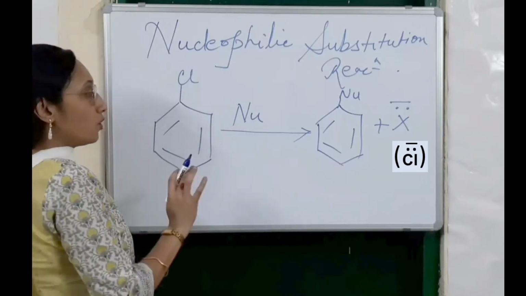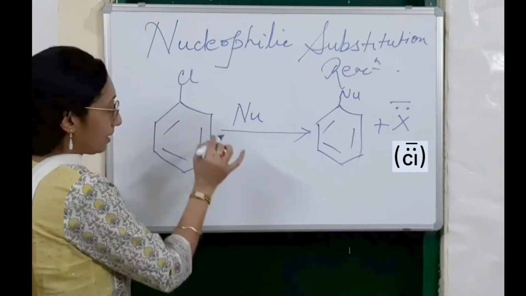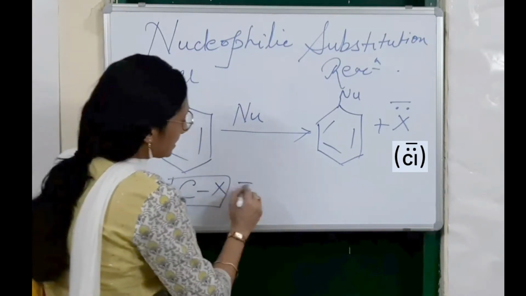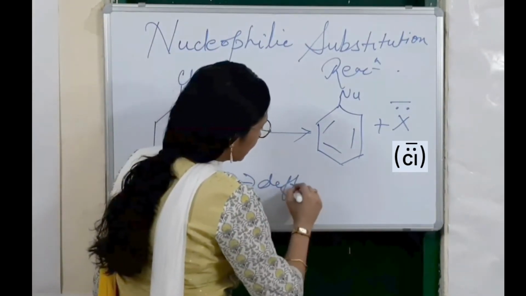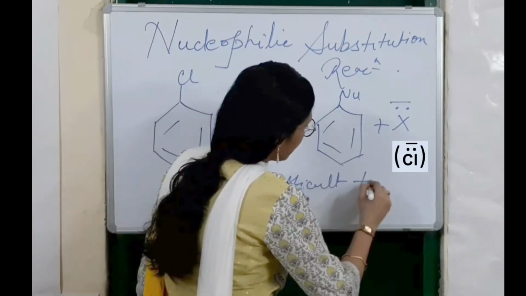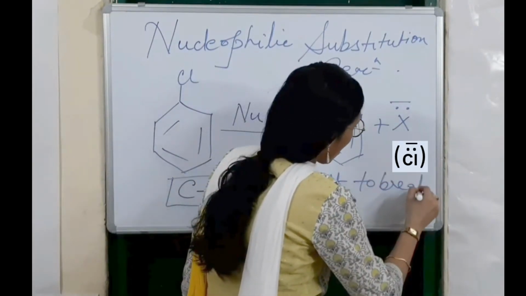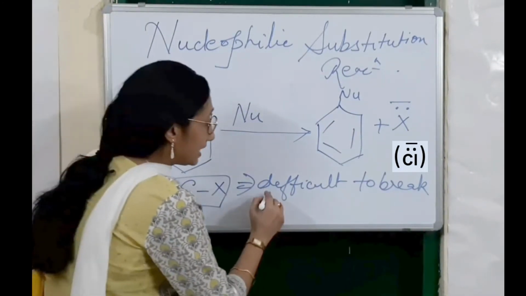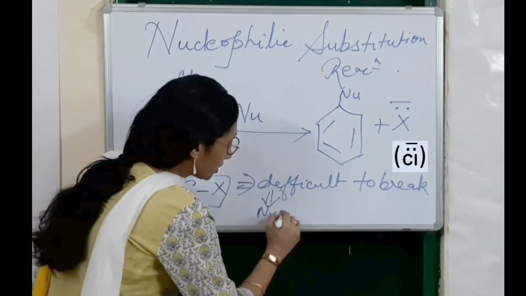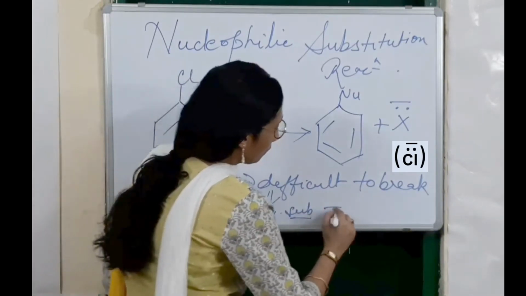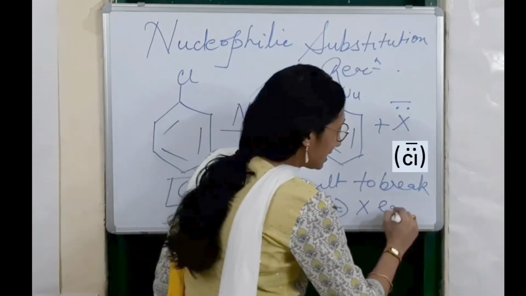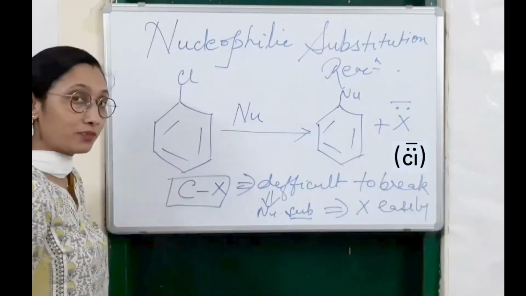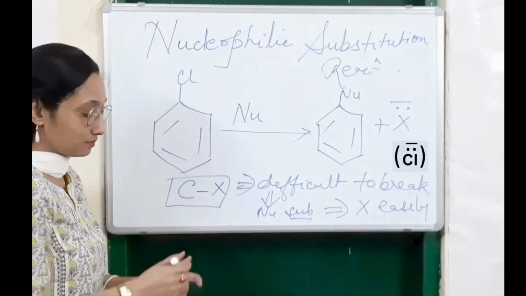So, suppose in case of a compound this carbon halogen bond is difficult to break, or if the cleavage of the bond is difficult, then the nucleophilic substitution reaction will not take place easily. That means a nucleophilic substitution reaction will be difficult.